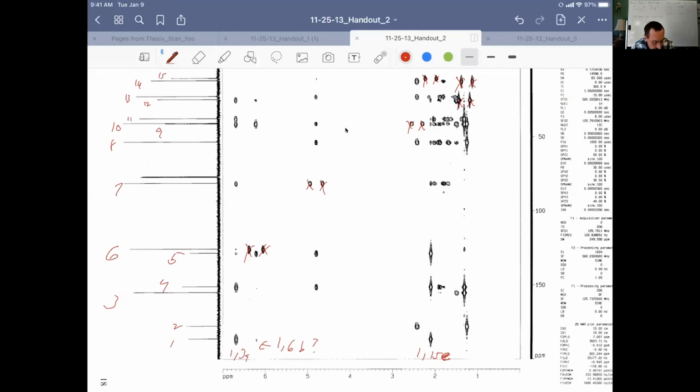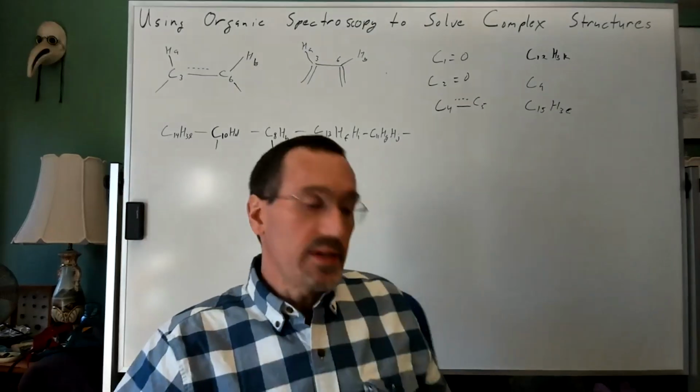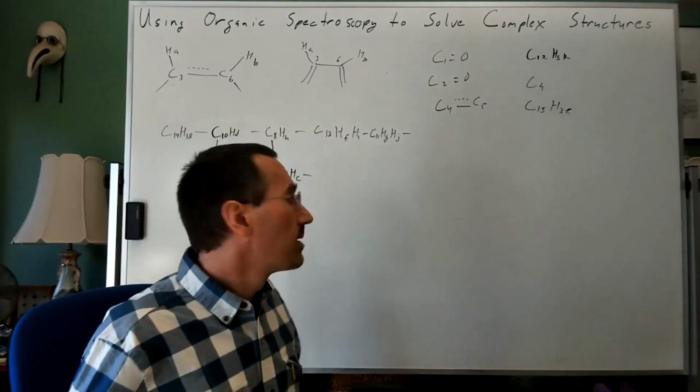To me, that's really, really interesting. So we're getting 1 with 3A, 1 with 6B, 1 with that methyl group. And that's largely going to do a lot of placing here.